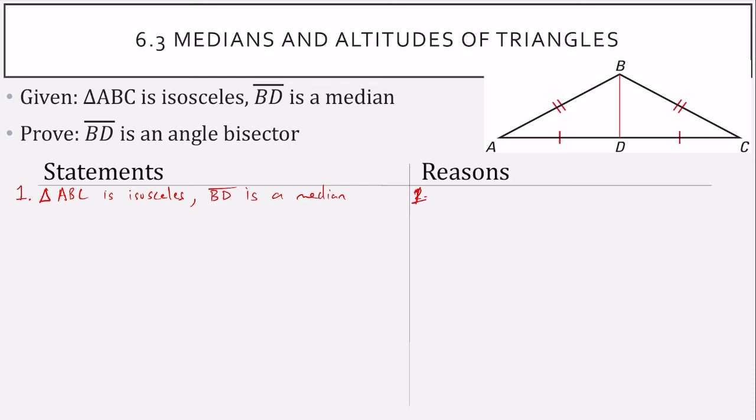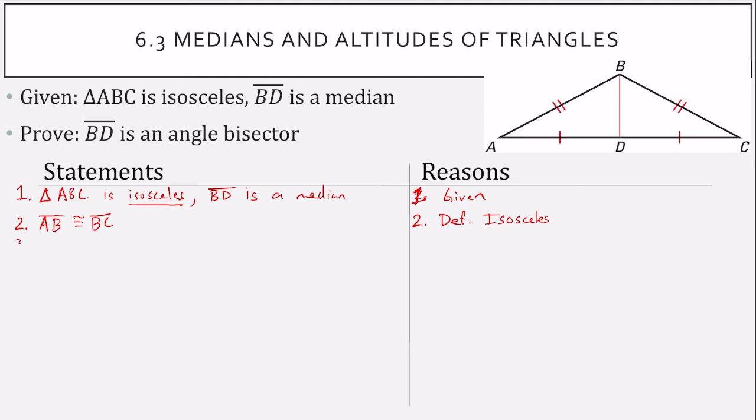Guess this is still statement 1. All right, statement 2. Let's go with our first vocabulary word, isosceles. That means two sides are congruent. In this case, AB is congruent to BC. And how did we know that? We used the word isosceles. So that's the definition of isosceles.